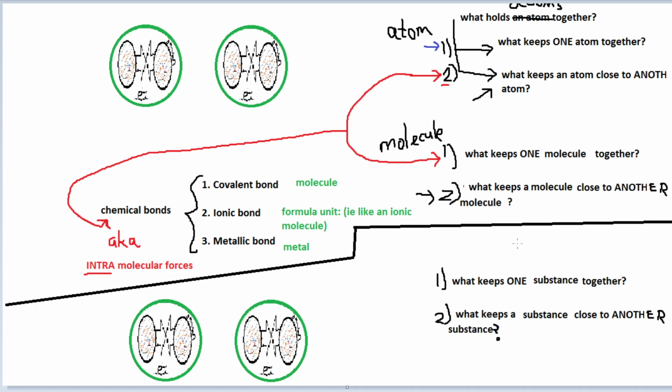You see, as we go up these steps in the ladder, we start with simple pictures of an atom, then we get a more complicated picture of a molecule or a formula unit or a metal. Then we get a more complicated picture of a substance. And as we step up from a substance, we get things like cells, living organisms, amalgamations, and those are things that are taught in other subjects, probably biology.